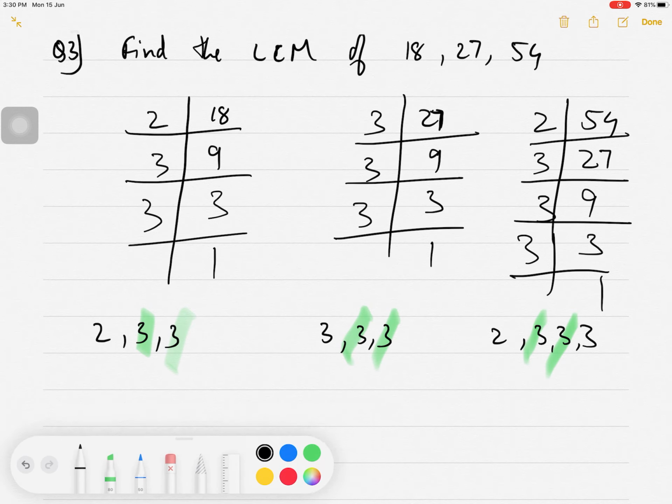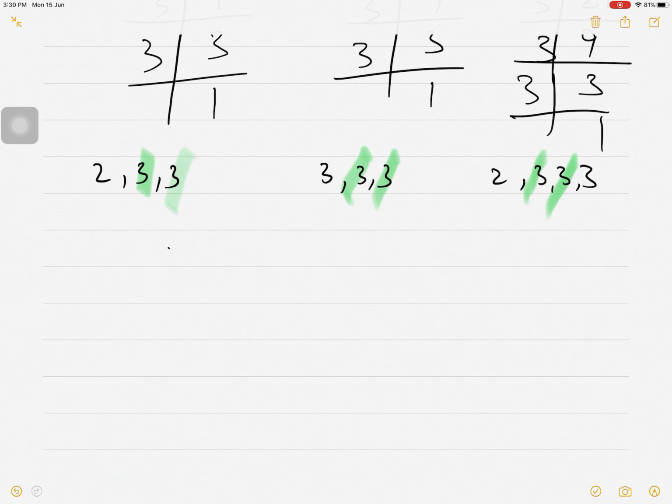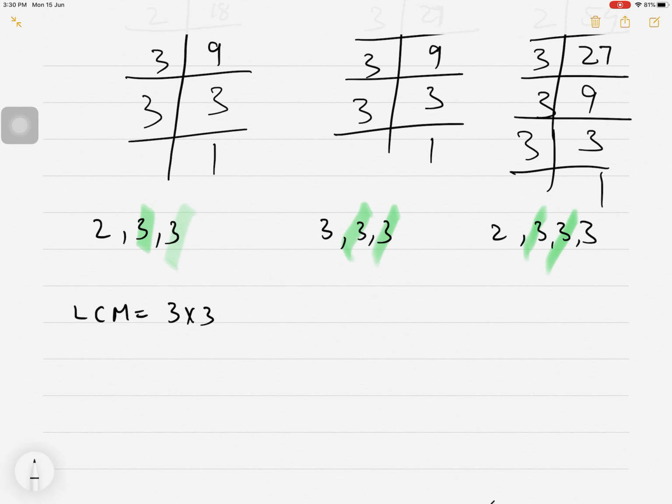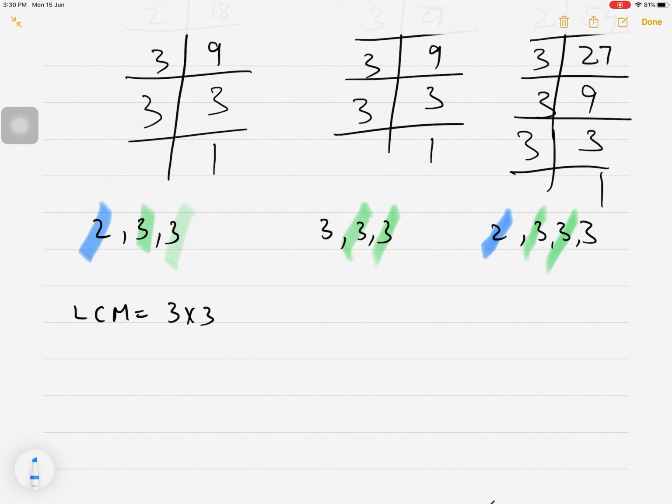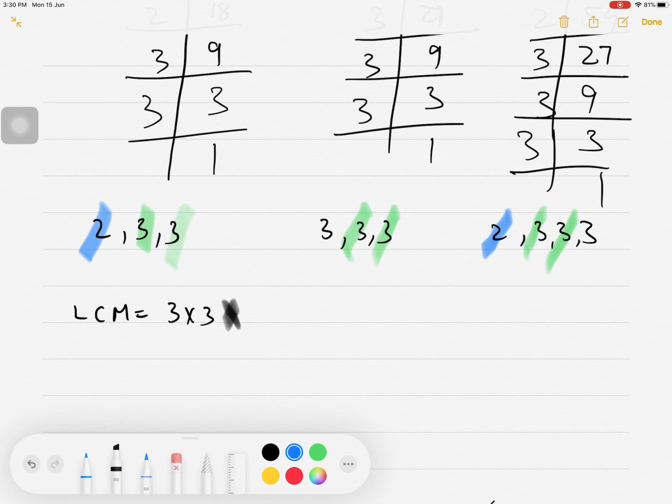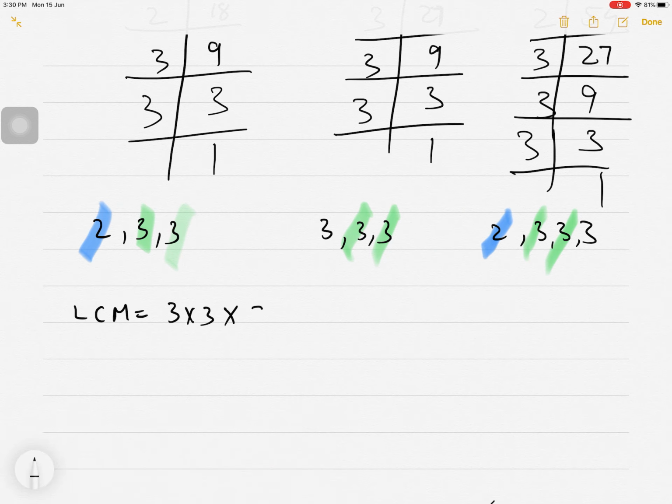Okay. So I will write it down. 3 into 3. Okay. Now let's write the factors which are common between two numbers. 2 is common here, so into 2.